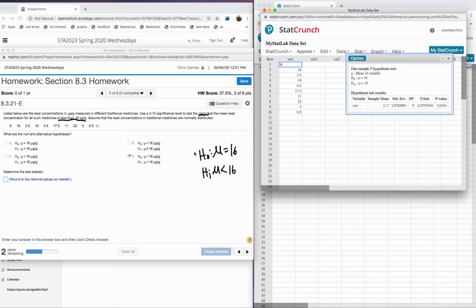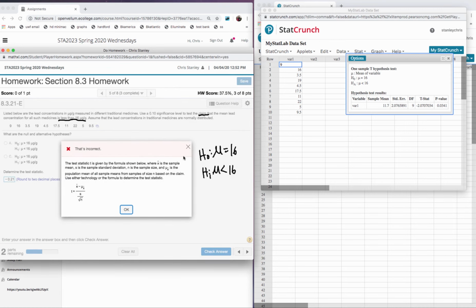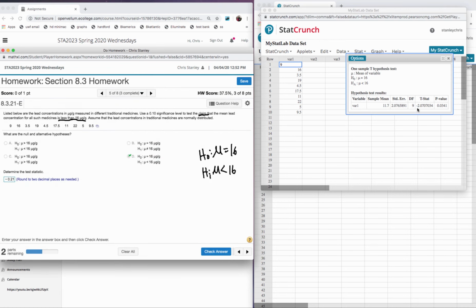So negative 2.07. Okay, 2 decimals, so negative 2.07.